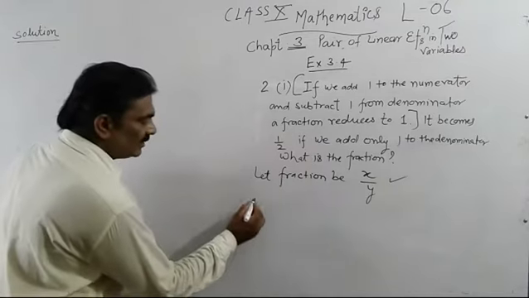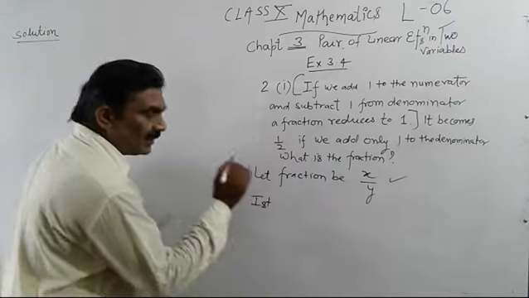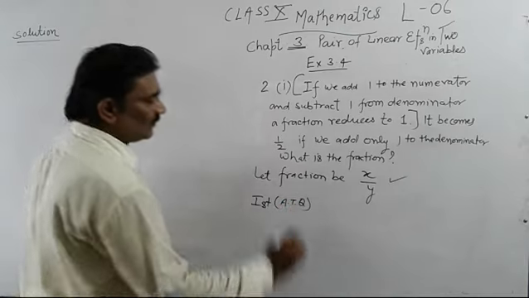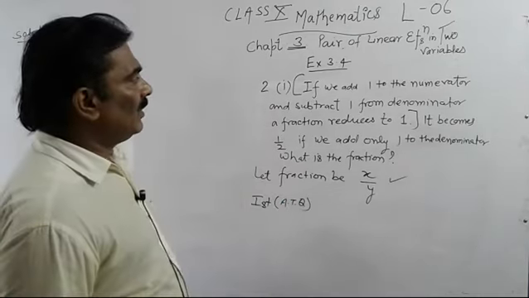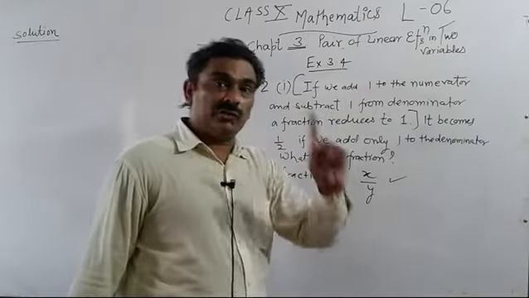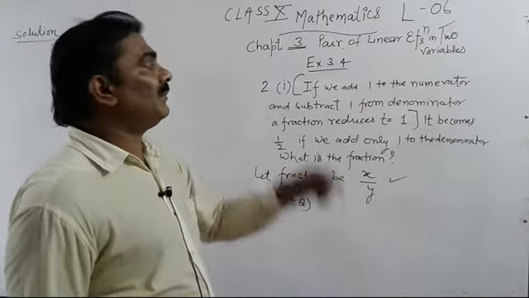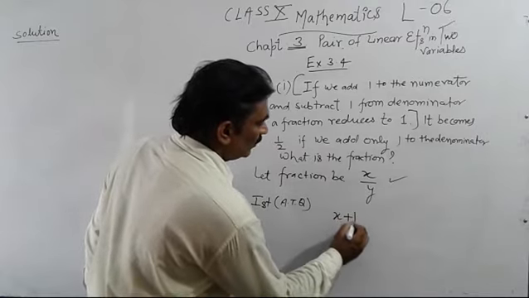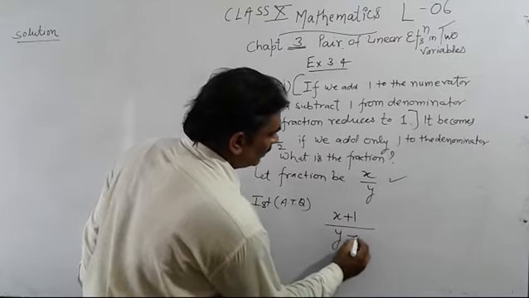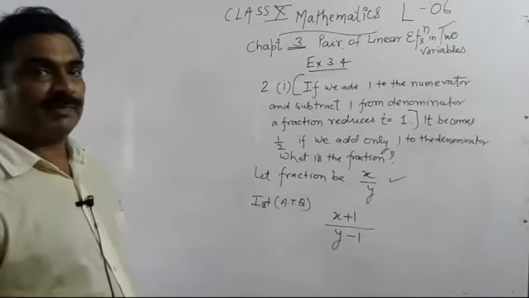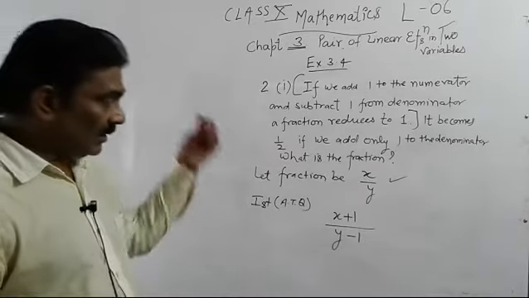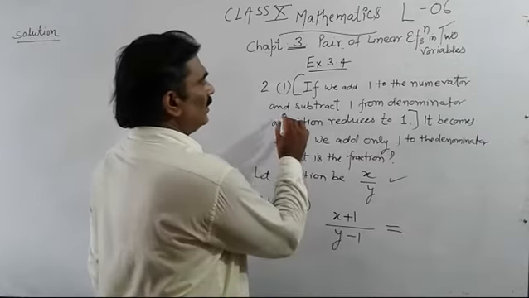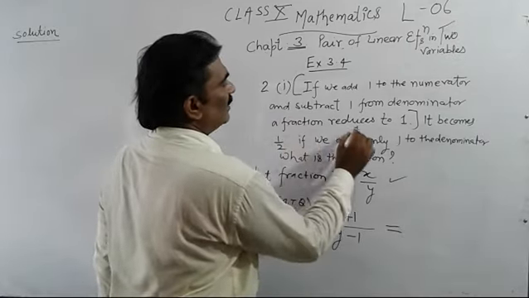And according to the first condition, we can write here according to the question. The first condition says that if we add 1 to the numerator and subtract 1 from the denominator, means we add 1 to the numerator and we subtract 1 from the denominator, then the fraction reduces to 1.